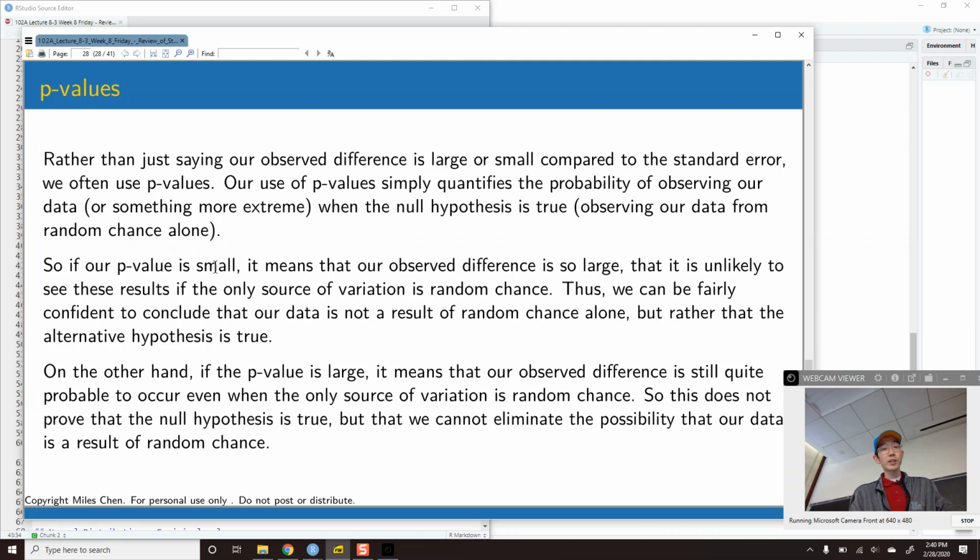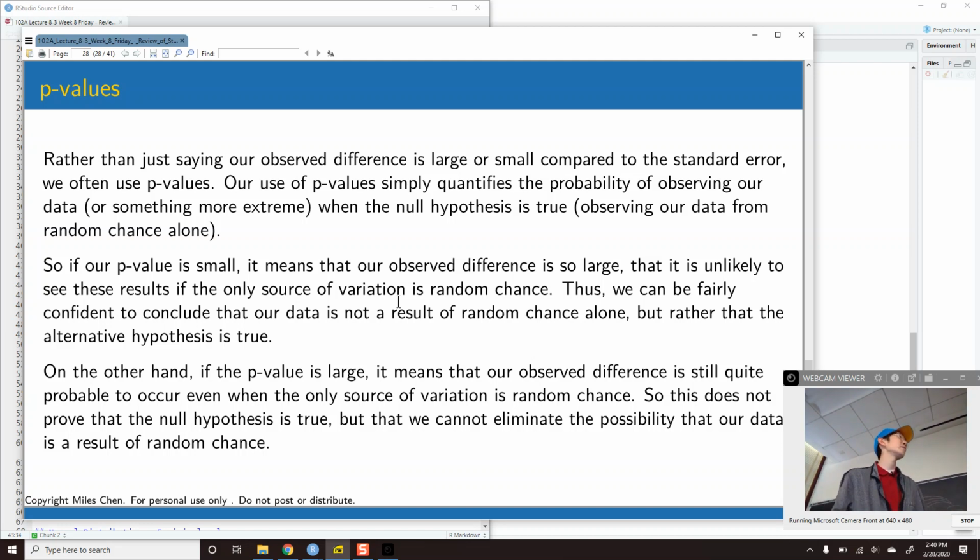So if our p-value is small, it means that our observed difference is large, that we're unlikely to get this difference of 2 from just random sampling alone. And because it's unlikely to happen from random sampling alone, I can conclude that my null hypothesis is not true and that there's something else contributing to why I observe this difference of 2, which would be unusual.